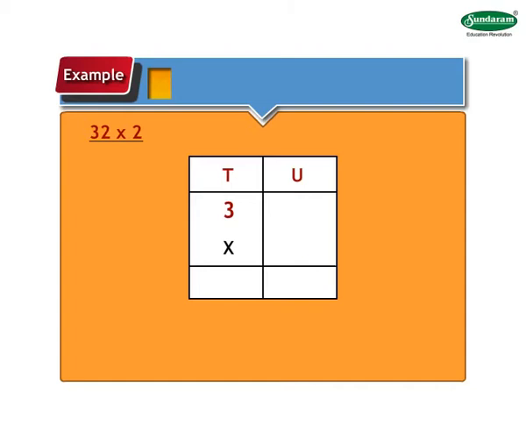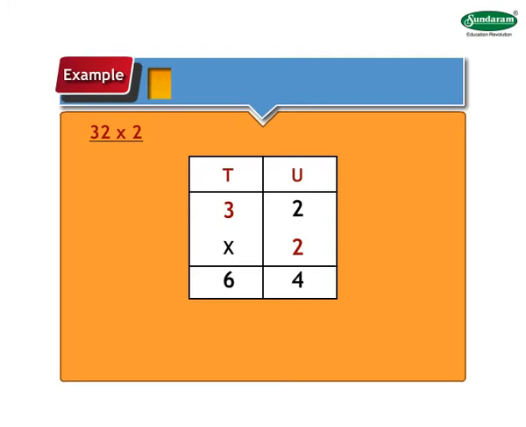We know that 2 2s are 4. Hence, we will write the product 4 in the units place of the product. Now, we will multiply the tens digit by the units digit. That is, we will multiply the tens digit 3 by the units digit 2. We know that 2 3s are 6.